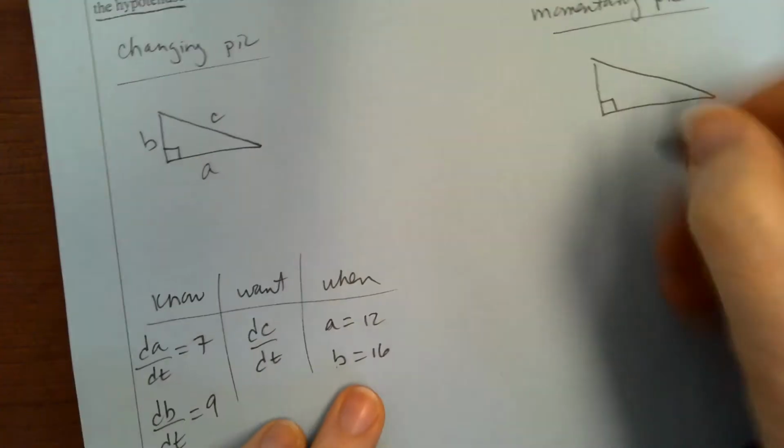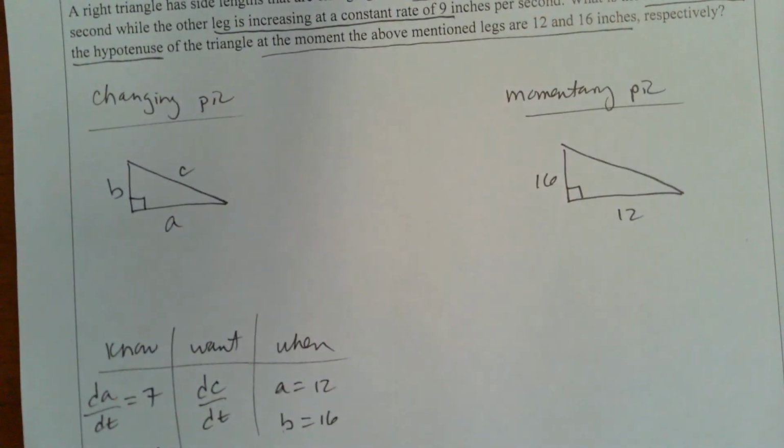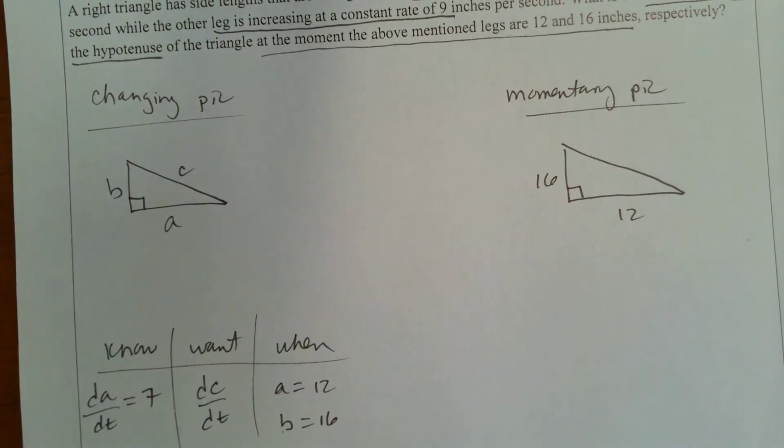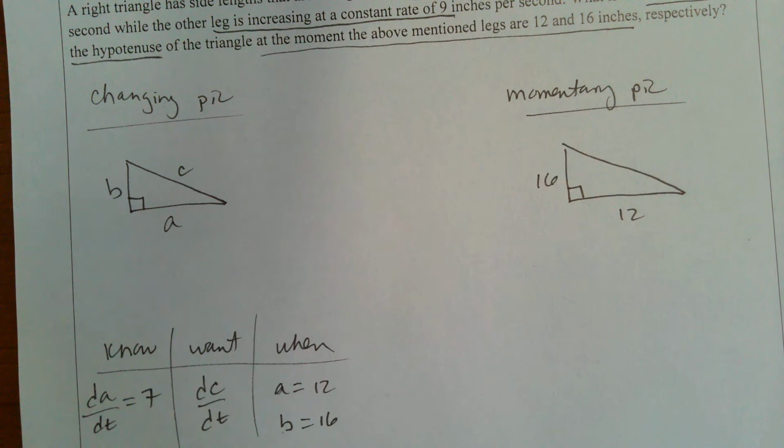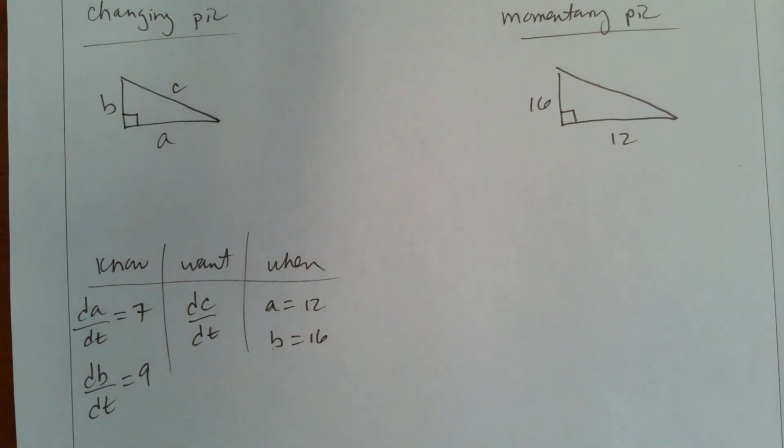And I can go over here and label those on my momentary picture in case I need them to find something else at that moment. Okay, so after you fill in the changing picture, the momentary picture, and know, want, when, as we do more of these, guys, you'll have your own sort of process. So you might not write everything I do, but please do so while we're learning it to begin with.